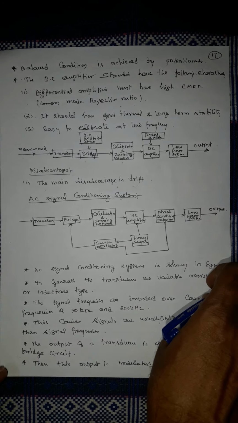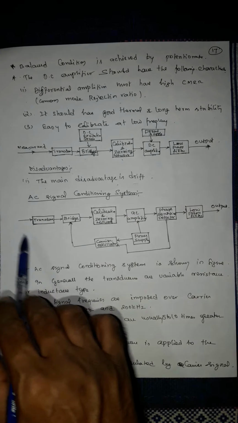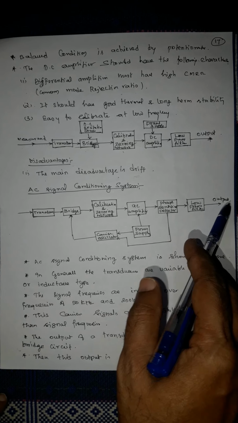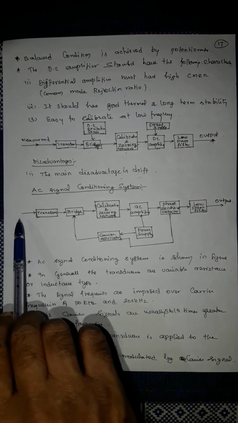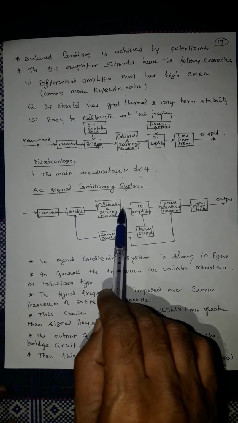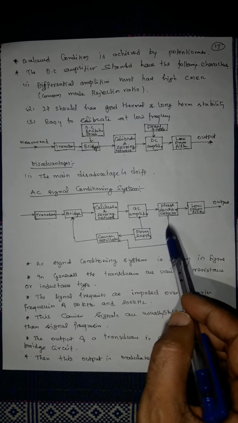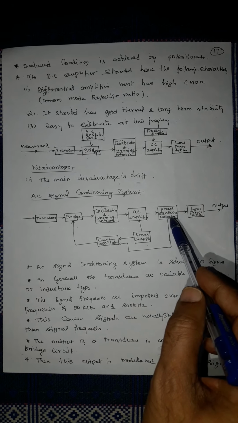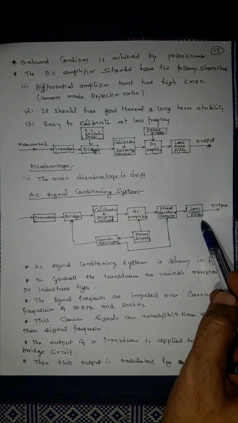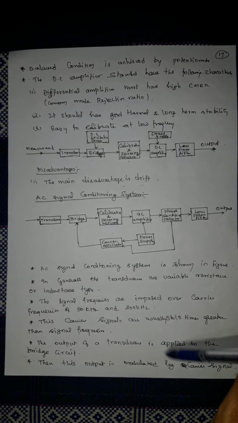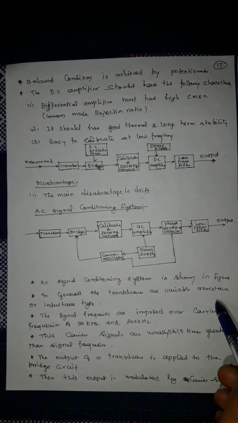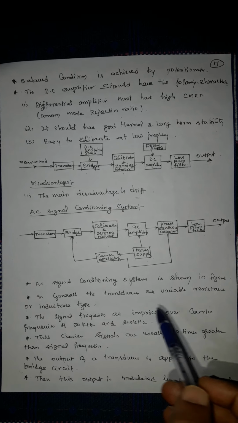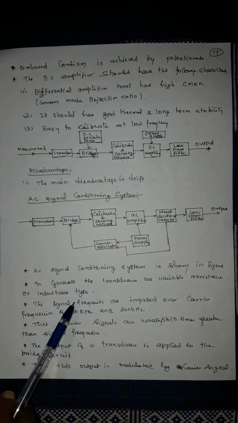Then the AC signal conditioning system. The block diagram is shown here: measurement, transducer, bridge, calibration, zero network, AC amplifier, power supply, carrier oscillator, phase sensitive detector, low pass filter, output. In general, the transducers are of variable resistance or inductance type.